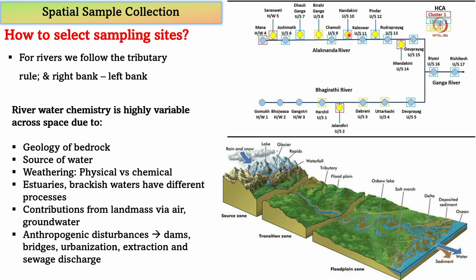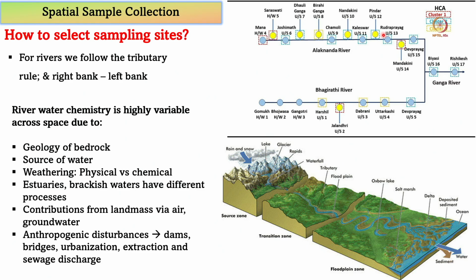So therefore what is happening, you are creating a Y. So this one and this one. Again it mixes with another tributary, you take the tributary sample, okay, you already have this sample, again after mixing you collect another sample. So this is what is called the Y way of taking samples. In mountain streams there is no left bank, right bank concept. It is extremely turbulent. Wherever it is possible to safely collect water, that is where it is collected.